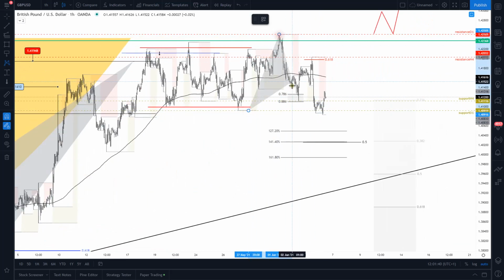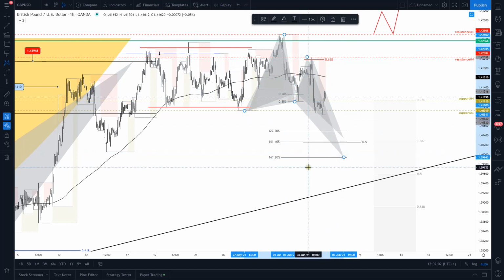Swing high 78.6, golden fib 127, 141, so something in the middle, and swing high 88.6 or almost 88.6, the golden fib and the golden Fibonacci extension.